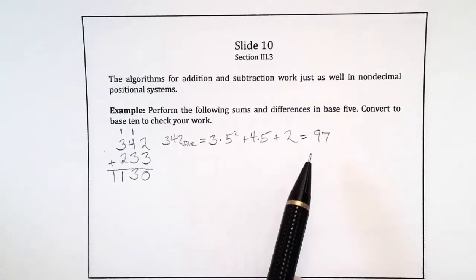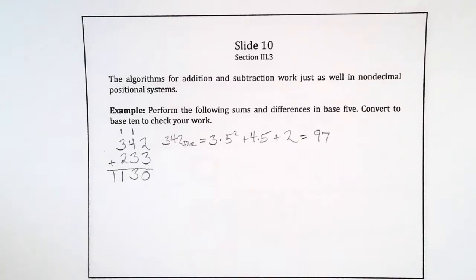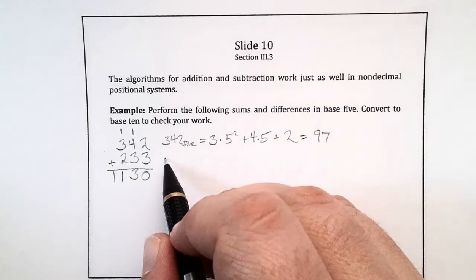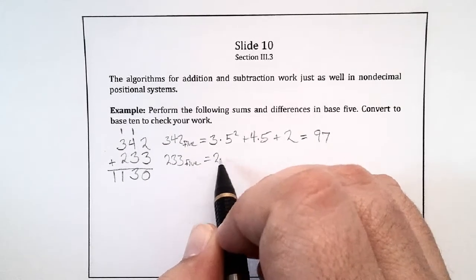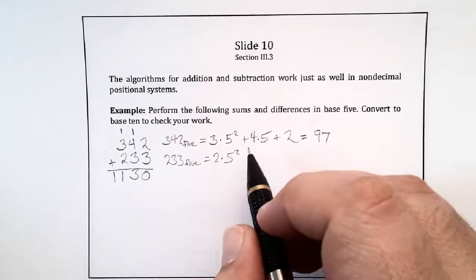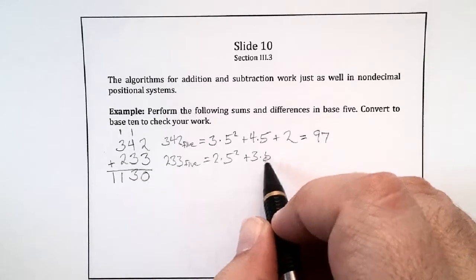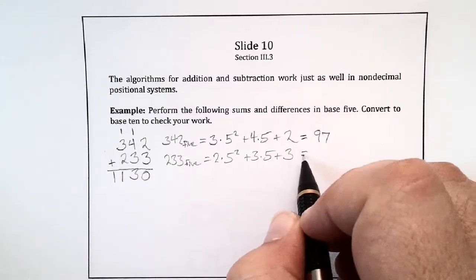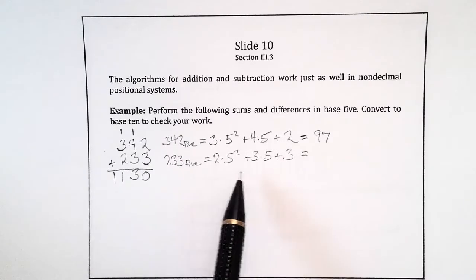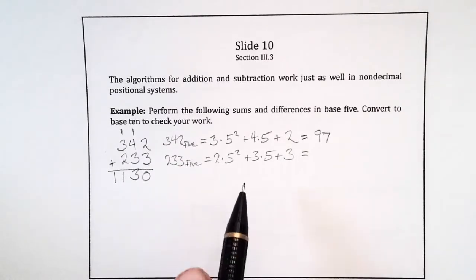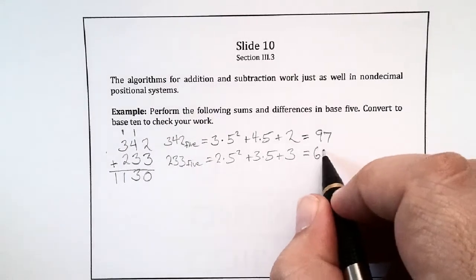So in base 10, this is 97. Okay, 233 base 5 is 2 times 5 squared plus 3 times 5 plus 3. 2 times 25 is 50, plus 15 is 65, plus 3 is 68.